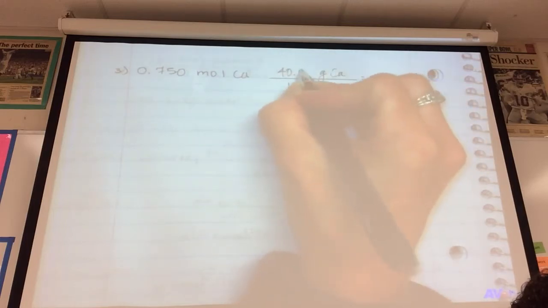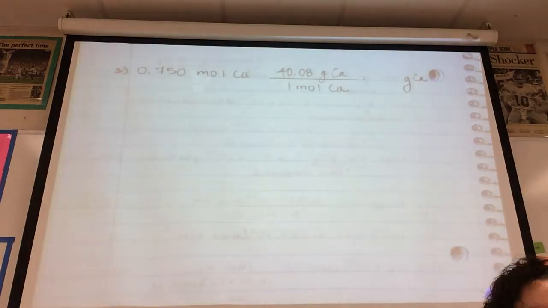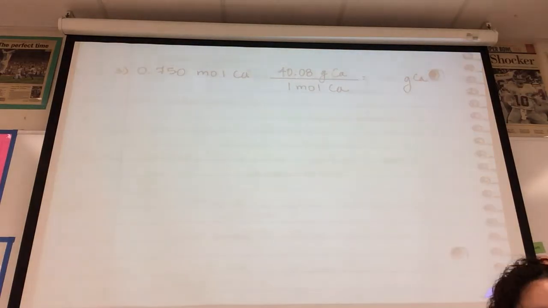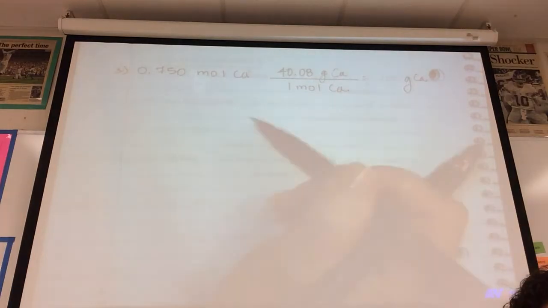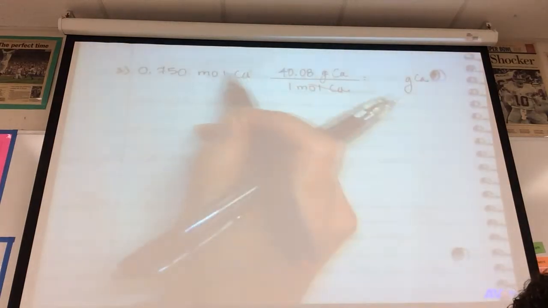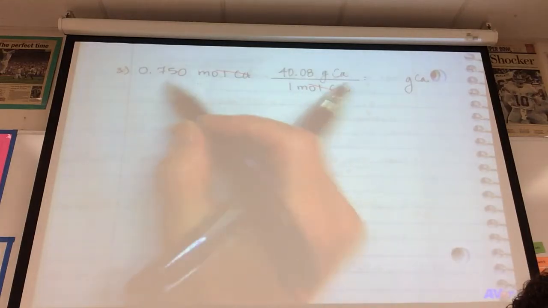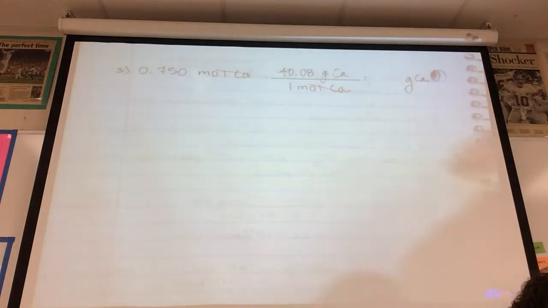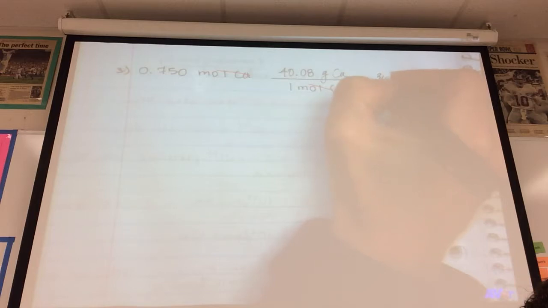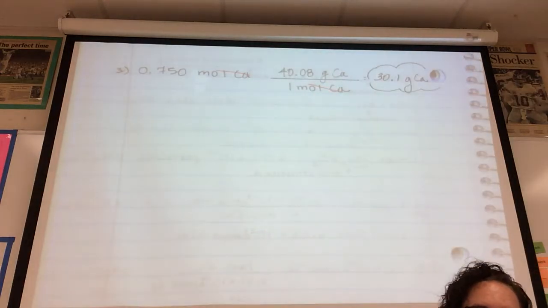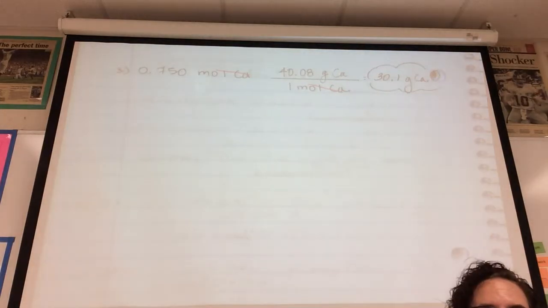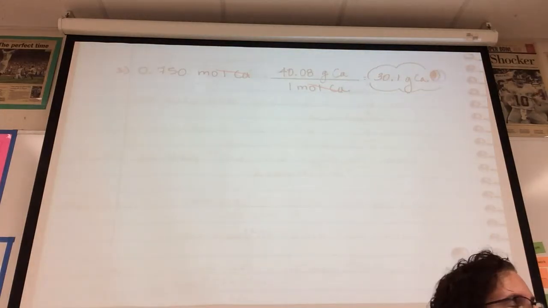Now, your periodic table says 08, so I'm going to keep it there. You have one online. I'm just going to keep it simple. Either one is fine. How come you put the moles in the denominator? So it cancels out with the given. You got it. So 0.750 of this should be 30.1 grams. Yes? Easy? You try number 4.